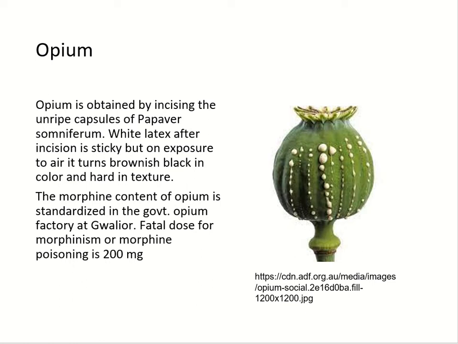This white latex, when exposed to the air, turns brownish black and hard. The morphine content of opium is standardized in the government opium factory at Gwalior. The fatal dose for morphinism or morphine poisoning is 200 milligram.